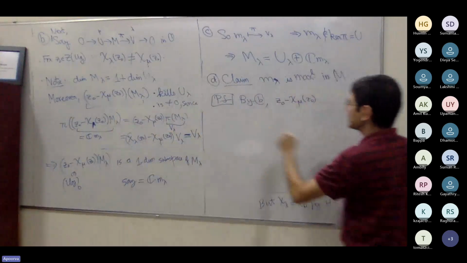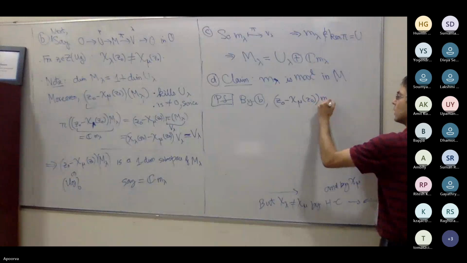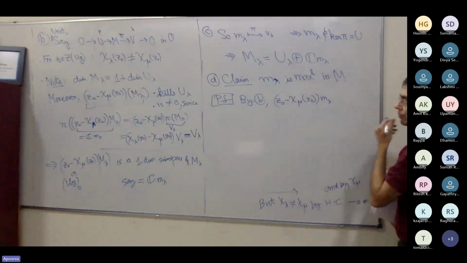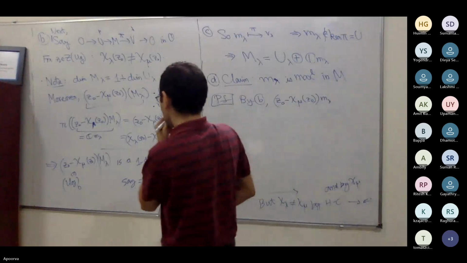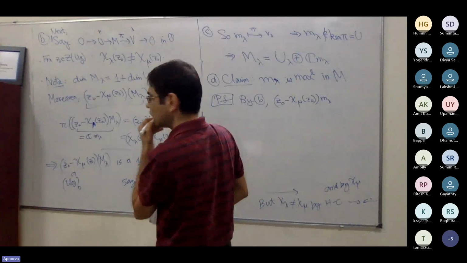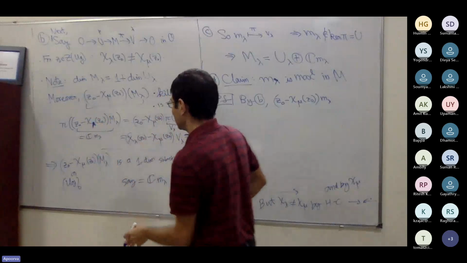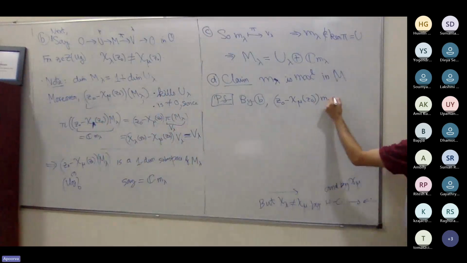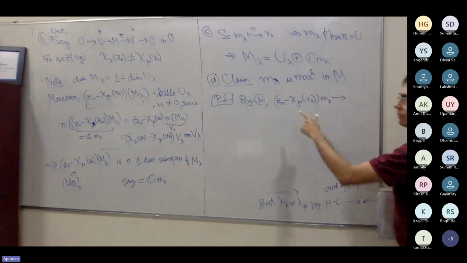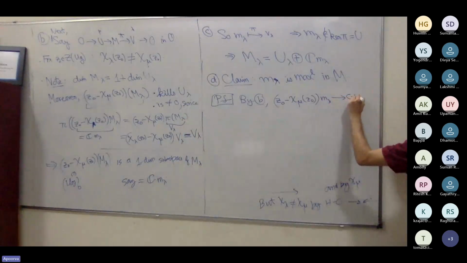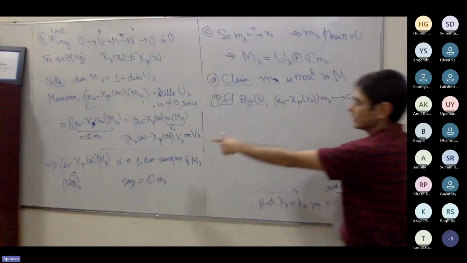Let me apply it to one element of that space. What do we know? We know that M lambda goes to V lambda. I'm acting by the square of this if you want on M lambda, but fine. M lambda goes to V lambda. So what does it go to? It goes to C times V lambda now, where C is of course this scalar.